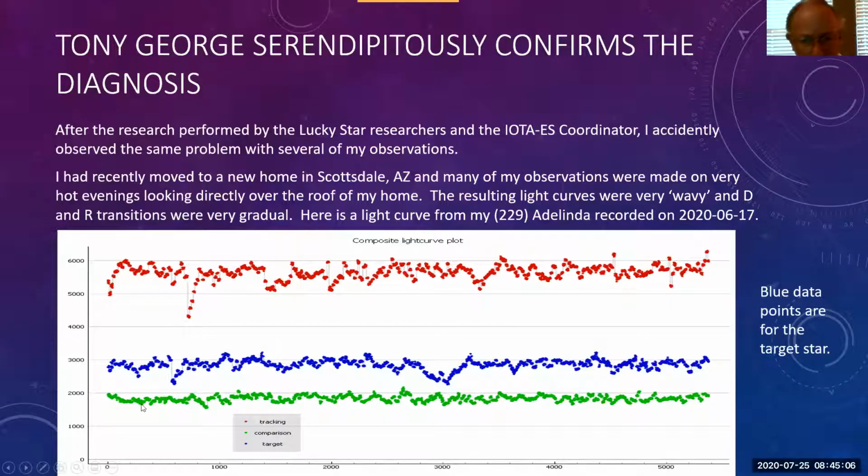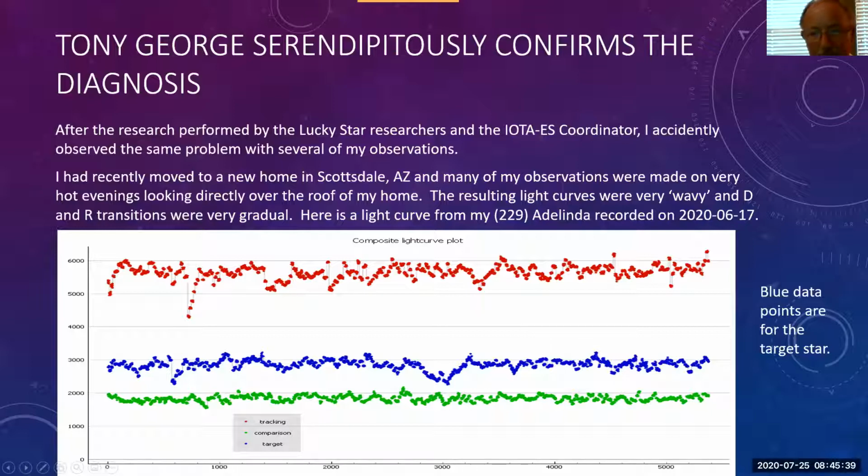So here's the target star in blue. This is a field star, tracking star, and a comparison star. And I mentioned before that this little drop over here corresponded to some sort of a cloud effect. But over here was my event, and the event was very, very gradual, up and down. And that was the one I said, well, I don't trust that. I don't think it's a real event.